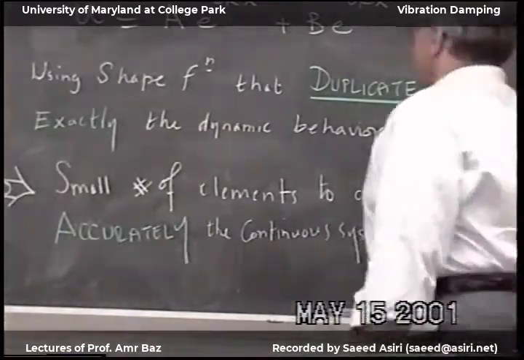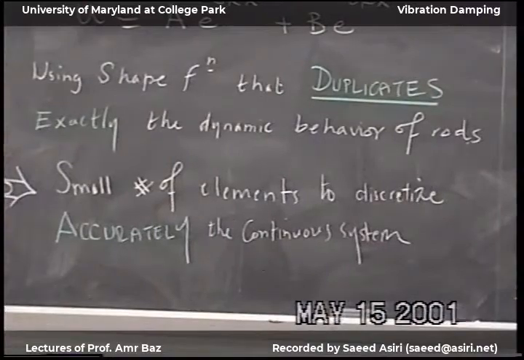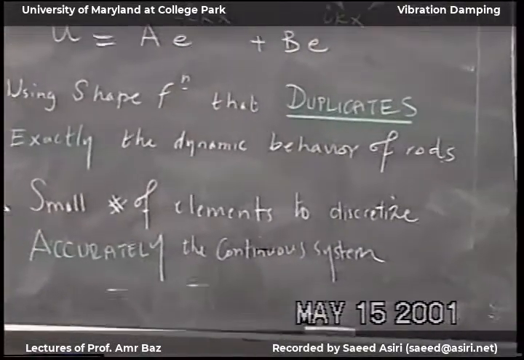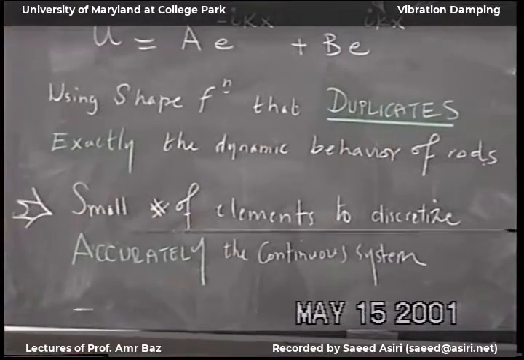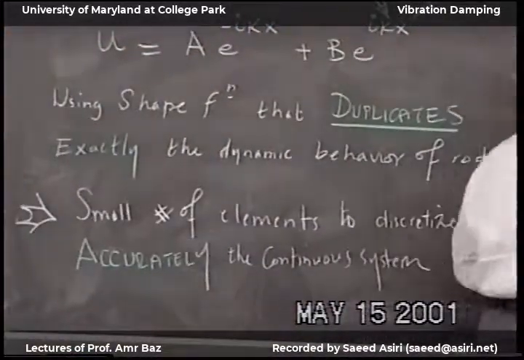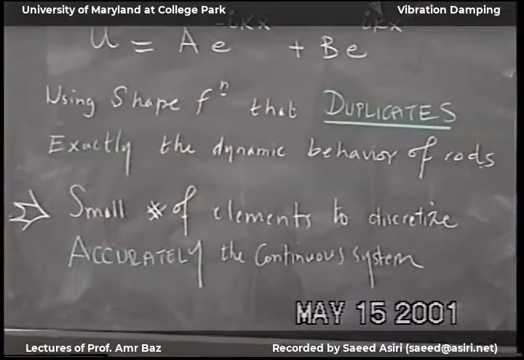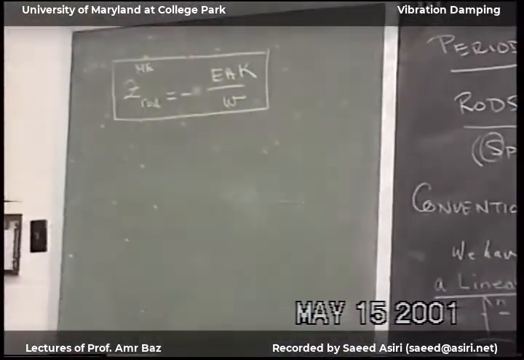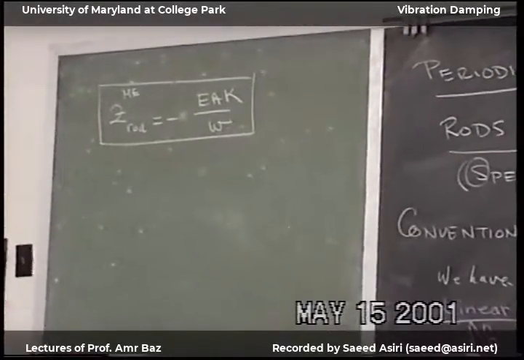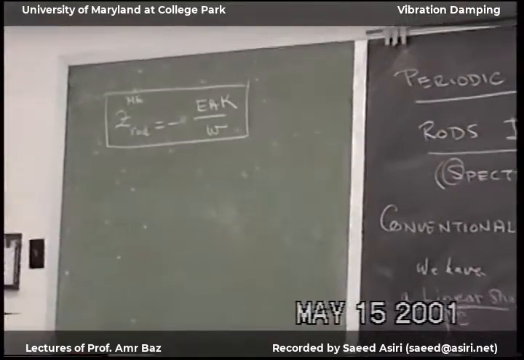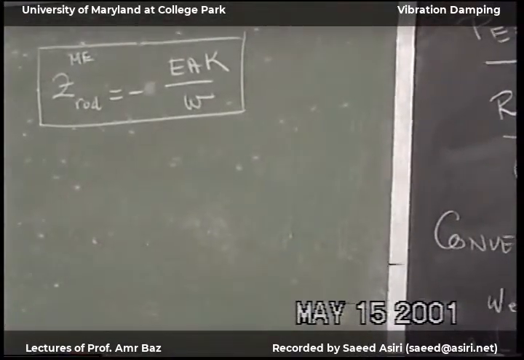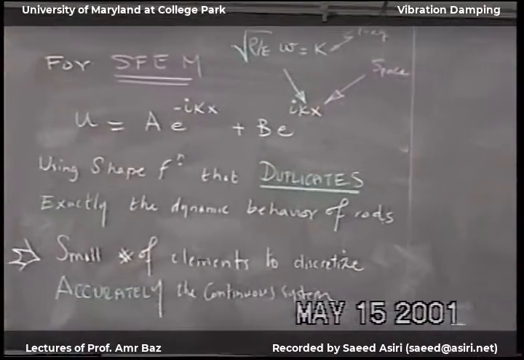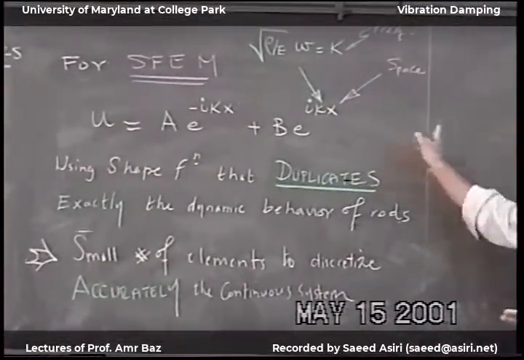I'm just going to copy all this here. For beams, I will have these, as well as the decaying term or the near field term. So I'll have 4 of these, and so on.